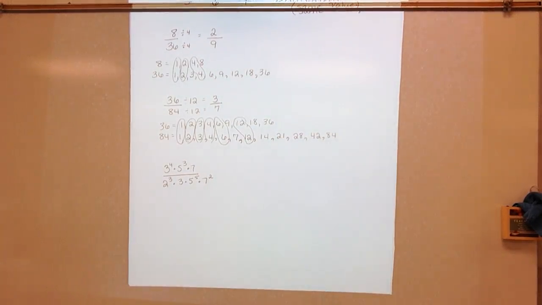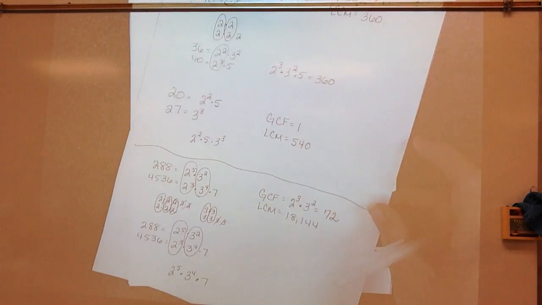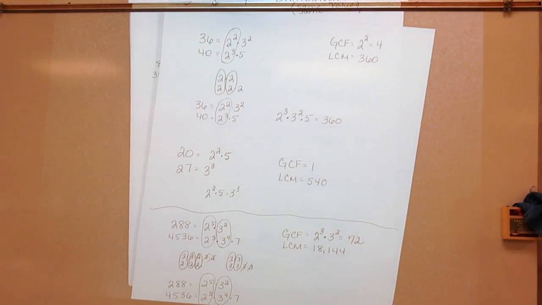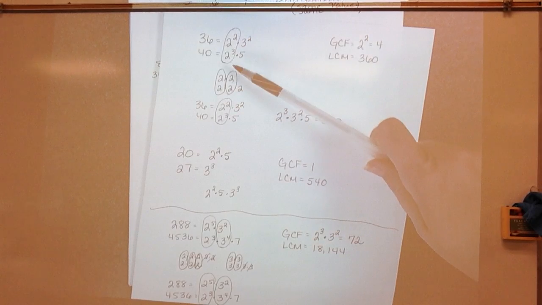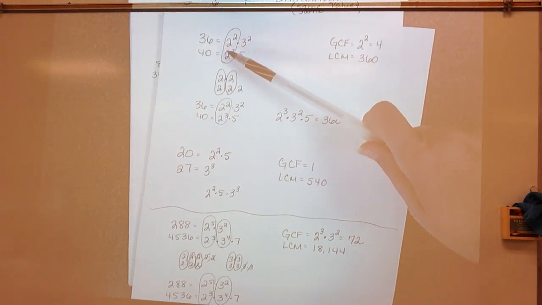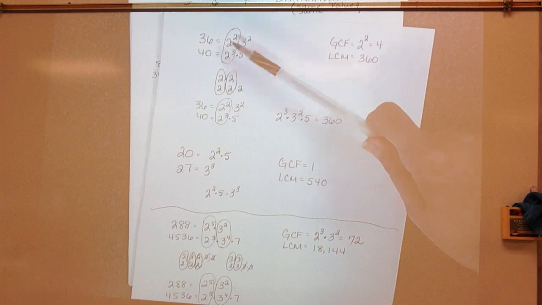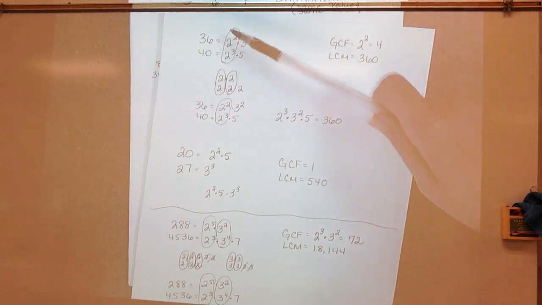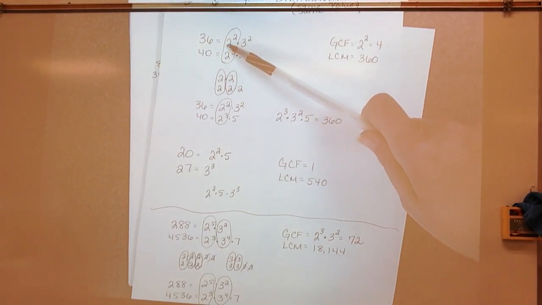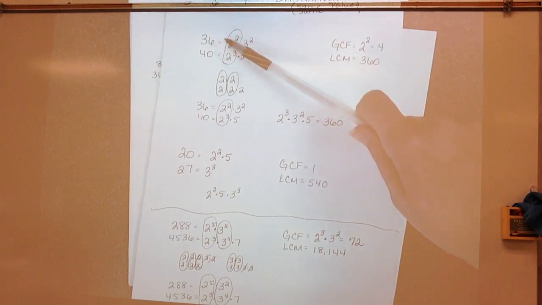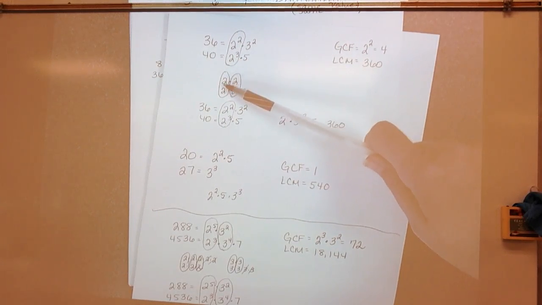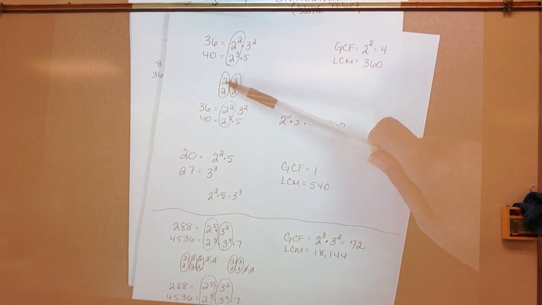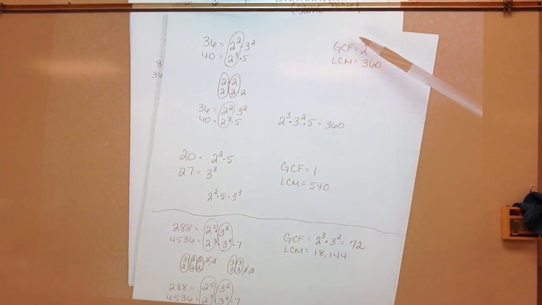When we looked at GCF, finding the greatest common factor, when I dealt with prime factorization, what I did is I had to figure out what they had in common and then I pulled out what they had in common. So for example, when I went back to 36 and 40, 2 squared and 2 cubed, they both have the same base of 2. And then remember, I wrote these down here, and I figured out how many they had in common, and that's what I pulled out.